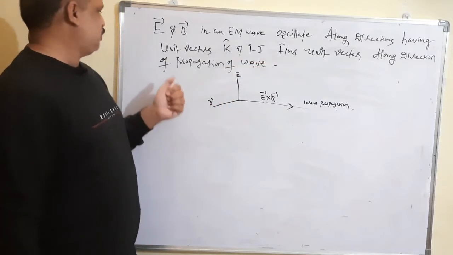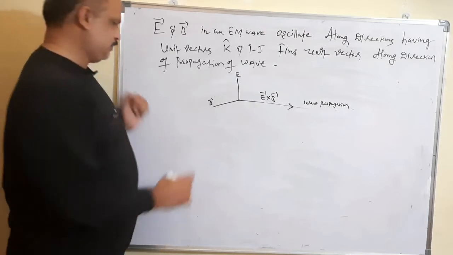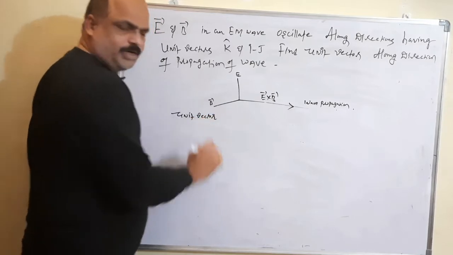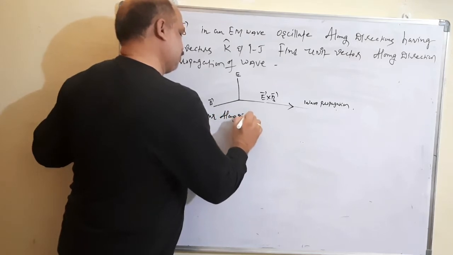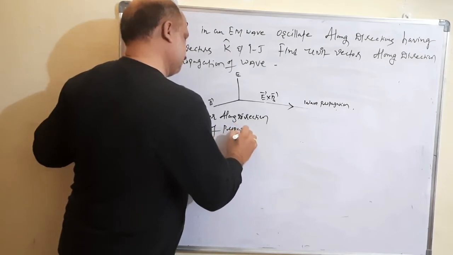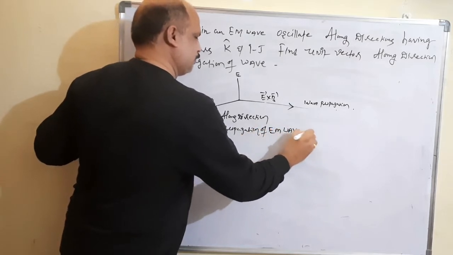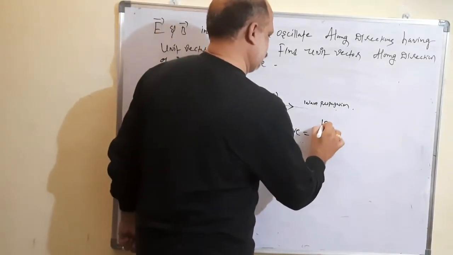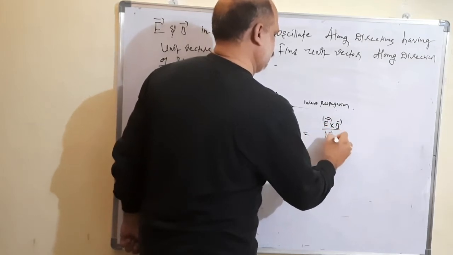Now we want to find out the unit vector along the direction of propagation of the electromagnetic wave. So the unit vector along the direction of propagation of the EM wave is equal to E bar cross B bar divided by mod E bar cross B bar.